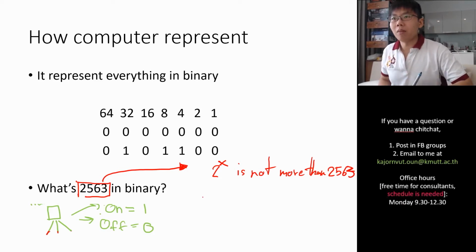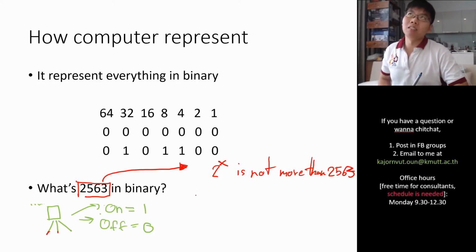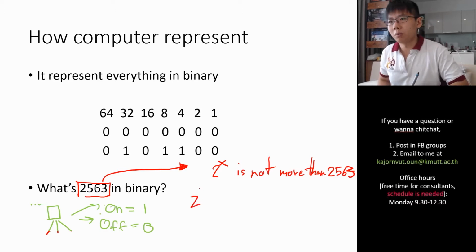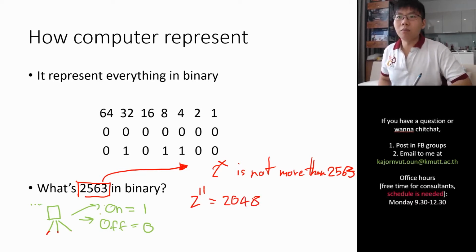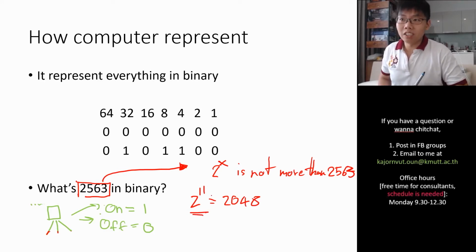Okay, we might say 2 to the power of 10 is 1024, so it should be 2 to the power of 11, which is 2048. So this is the sequence of a 12-digit binary. Why 12?